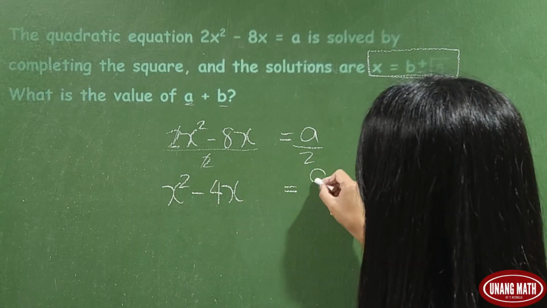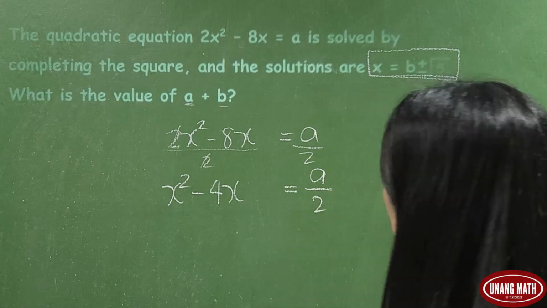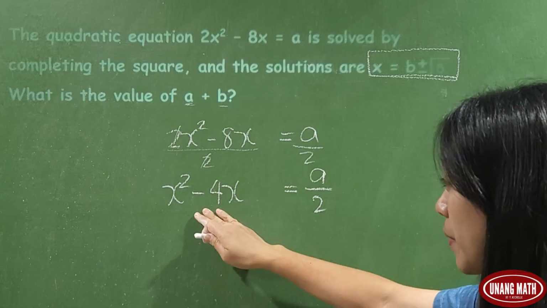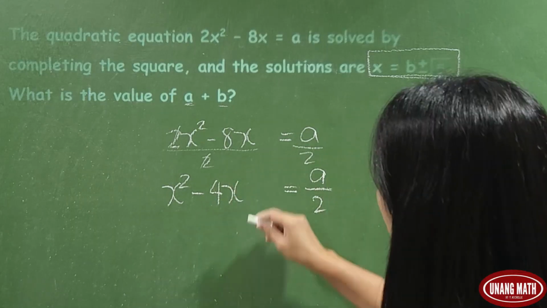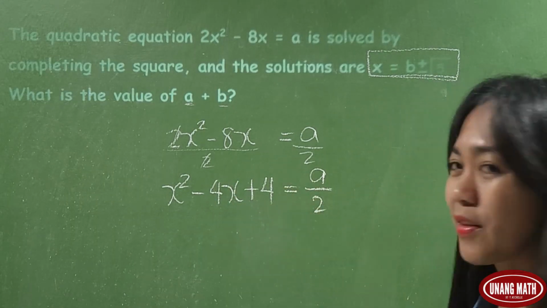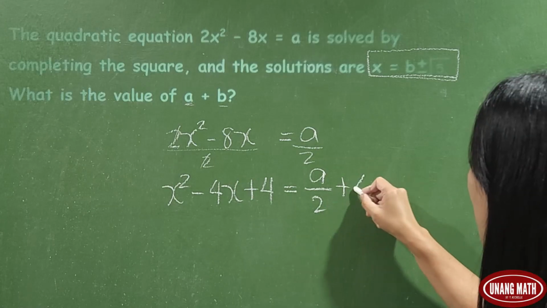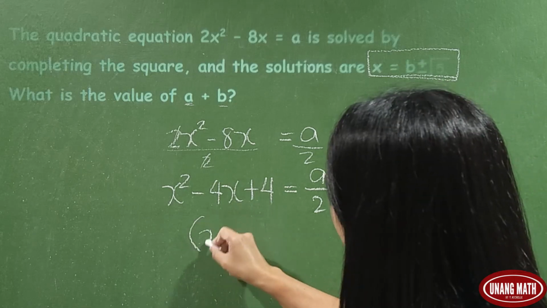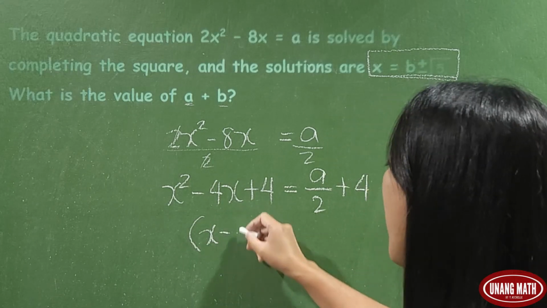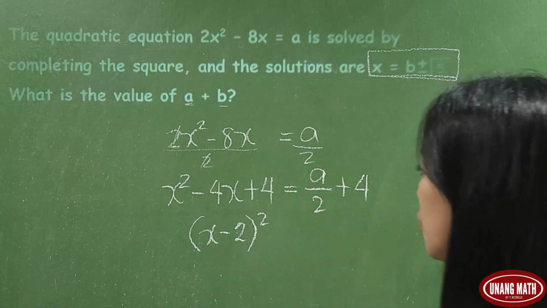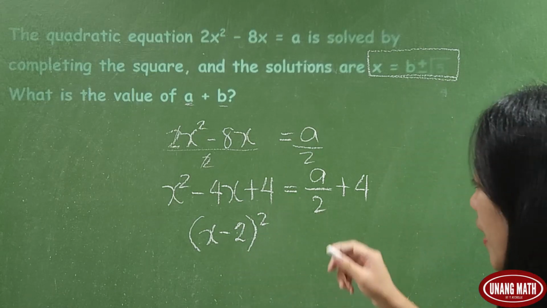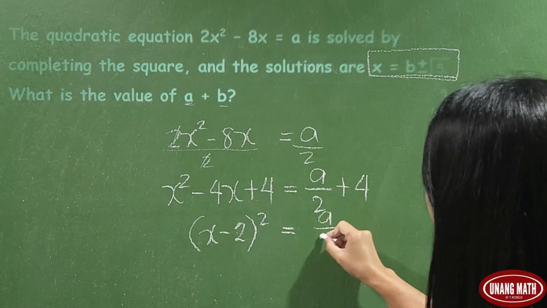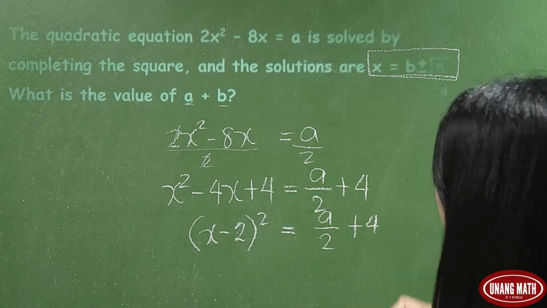And this is equal to a over 2. To make this a perfect square trinomial, negative 4 divided by 2 is negative 2, squared is positive 4. So plus 4, and here is also plus 4. So this is then, factoring, (x minus 2) squared, and this is equal to a over 2 plus 4.